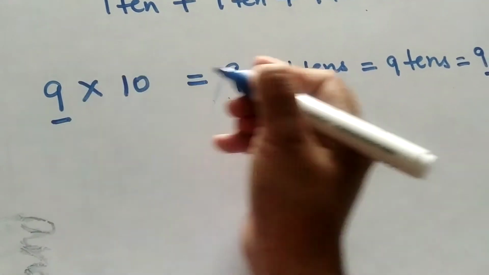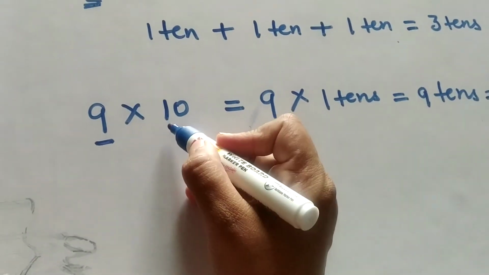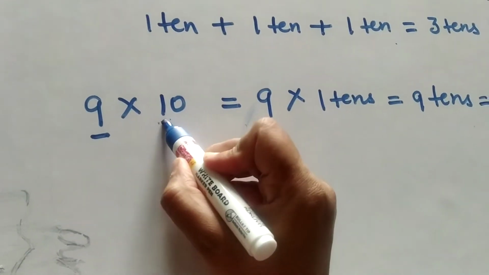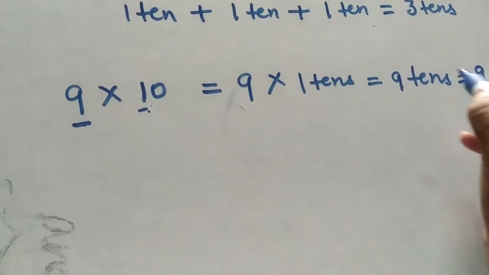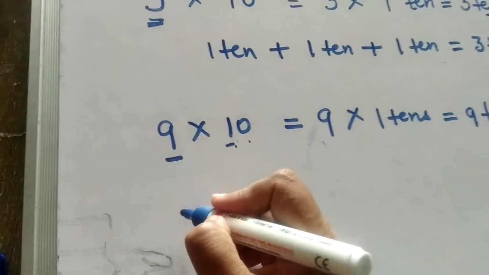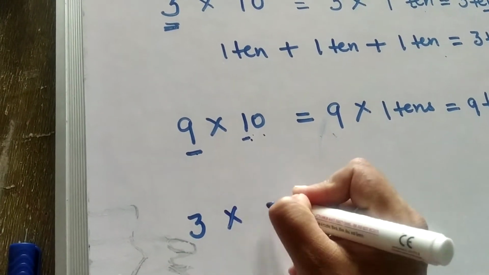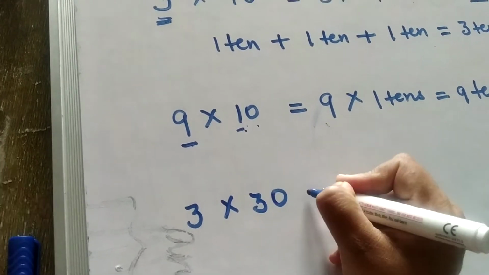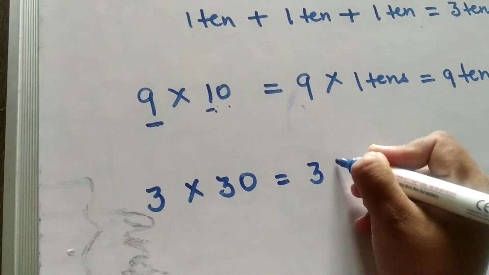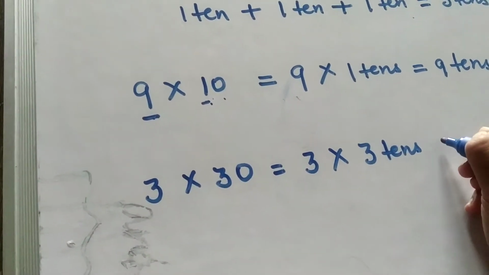So whenever you are multiplying, you will multiply by the first digit. 9 into 1 is 9, and 1 zero you will add to the right. Let's see with another number. Let's multiply 3 by 30. So what will happen? 3 into 3 tens, right?